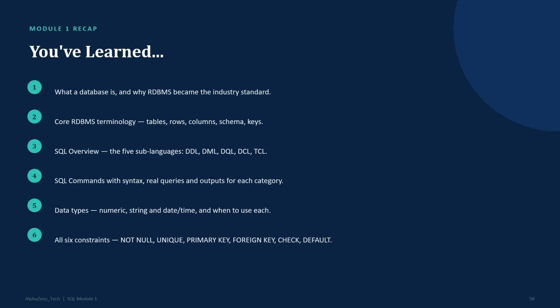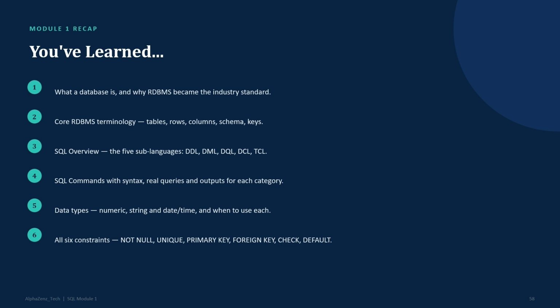Alright, let's recap everything we covered today. What a database actually is, and why RDBMS became the industry standard. Core RDBMS terminology: tables, rows, columns, schema, keys. SQL Overview: the 5 sublanguages, DDL, DML, DQL, DCL, TCL. SQL commands, with syntax, real queries, and outputs for each category.